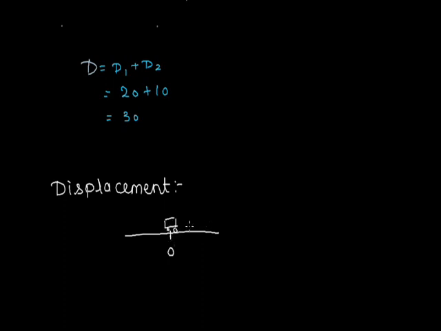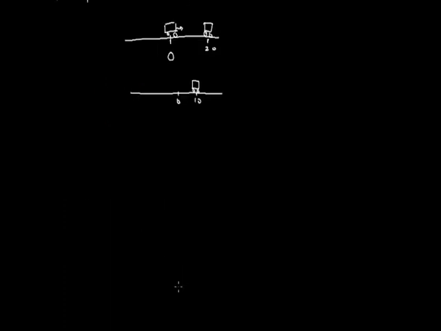Then it went 20 meters. So this point is 20. Then it came back 10 meters. So the displacement in this case will be equal to the final position, that is 10, minus the initial position, that is 0.